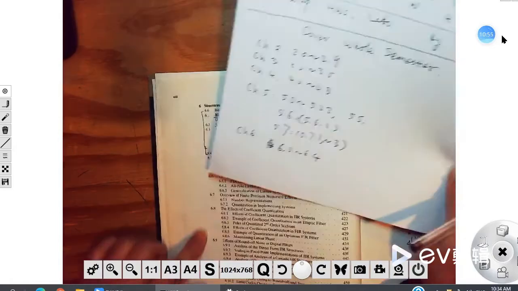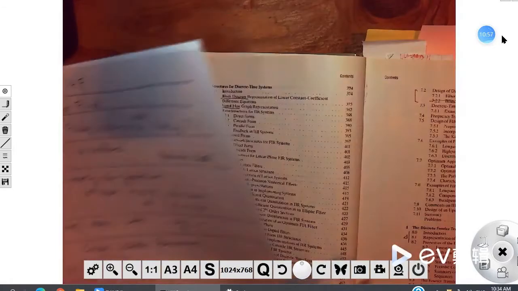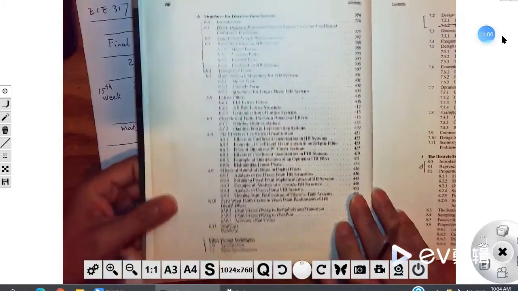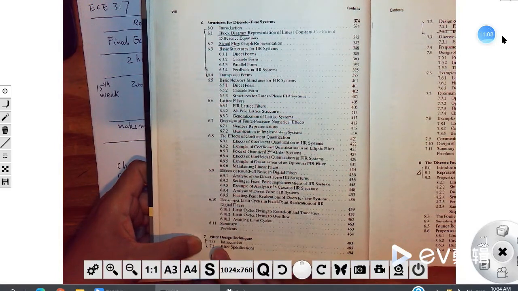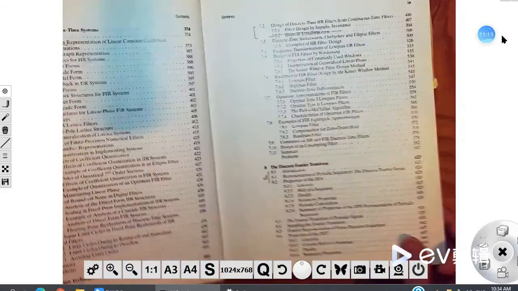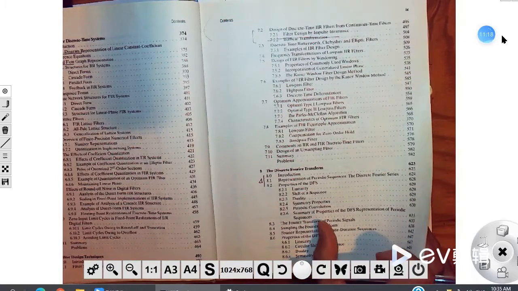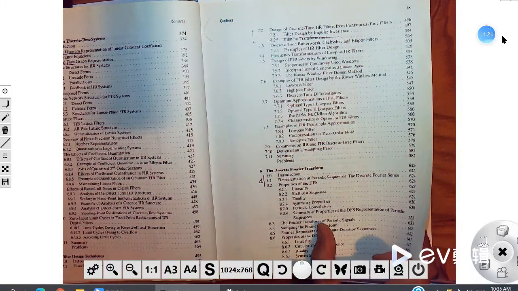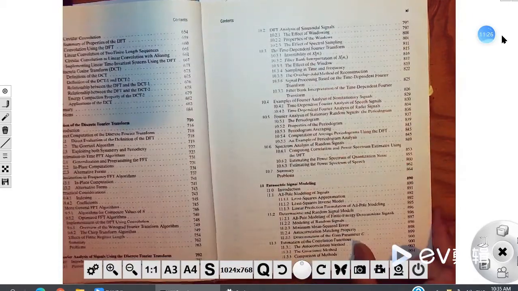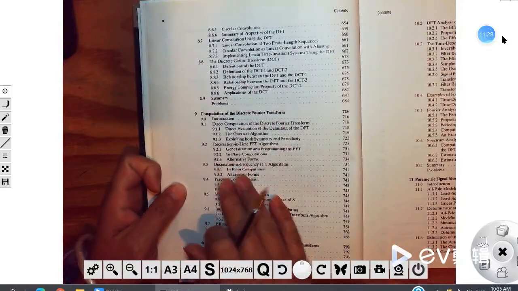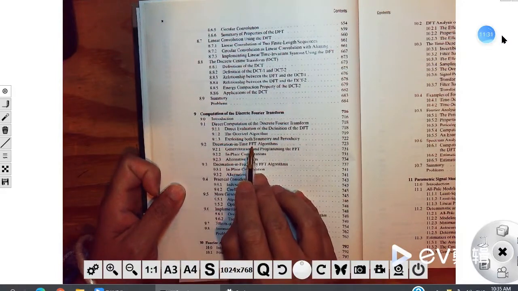Then chapter 7 is filter design. We have this in the lab, so we will not cover it in the exam. Chapter 8 is about the discrete Fourier transform, and we also have a lab related to it, I think the first or second lab. Chapter 9 is the FFT algorithm; I have one lecture to introduce it.